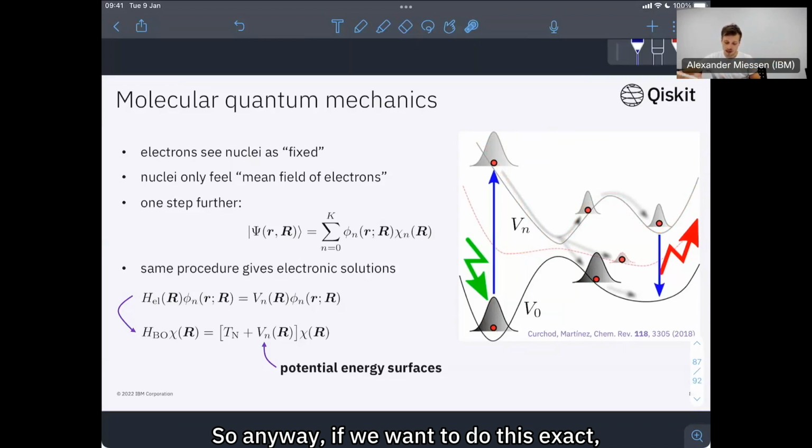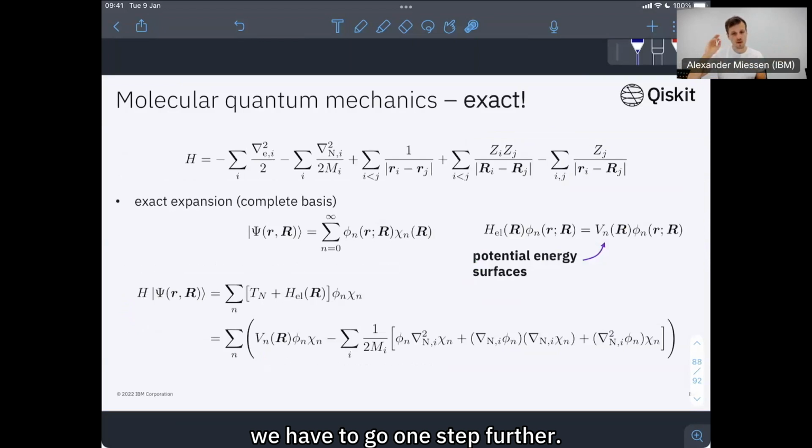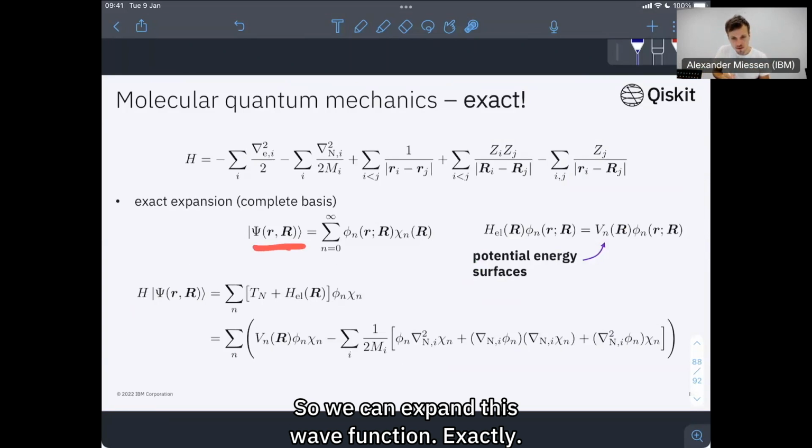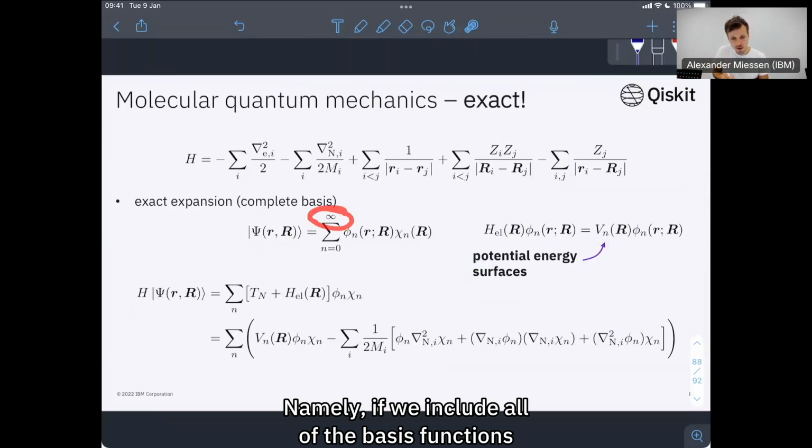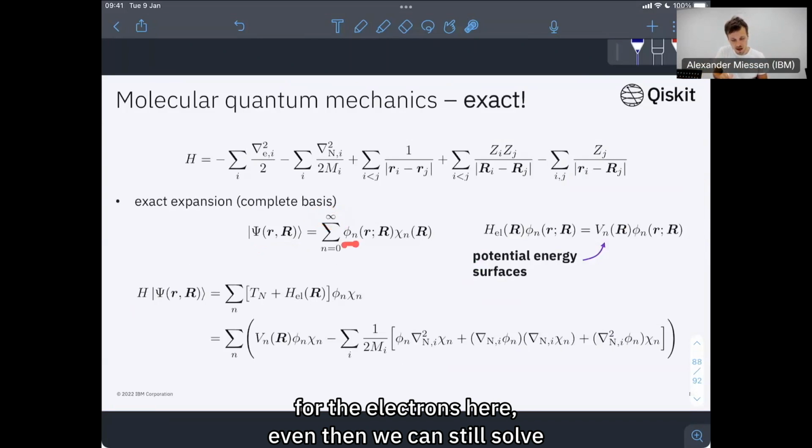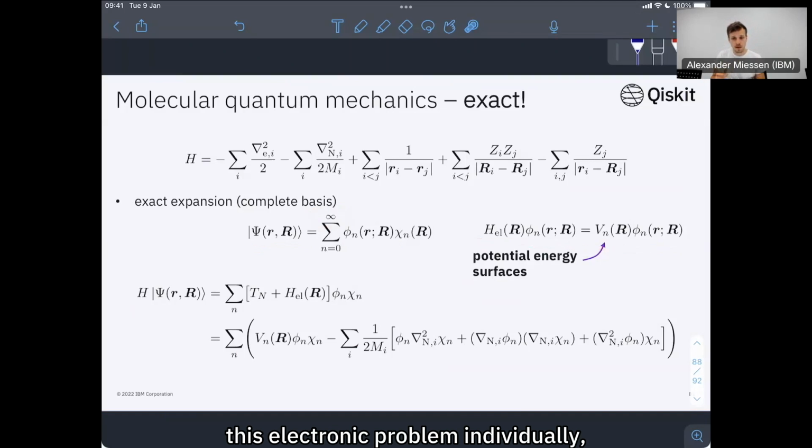So anyway, if we want to do this exactly, so we want to have all of the couplings between electrons and nuclei, we have to go one step further, okay? So we can expand this wave function exactly, namely if we include all of the basis functions for the electrons here. Even then we can still solve this electronic problem individually, and then plug this exact expansion into our molecular problem.